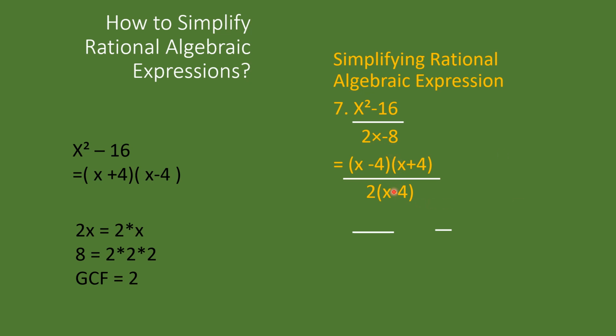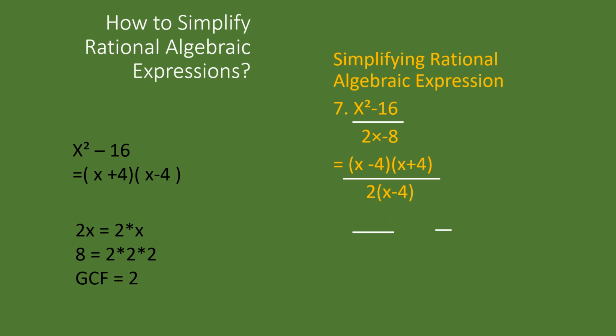Now, you notice here, in the numerator and denominator, we have a common factor, only here, x minus 4, x minus 4. So you need to pay attention to that because sometimes it will give you an idea what should be the factor or factors in the denominator.